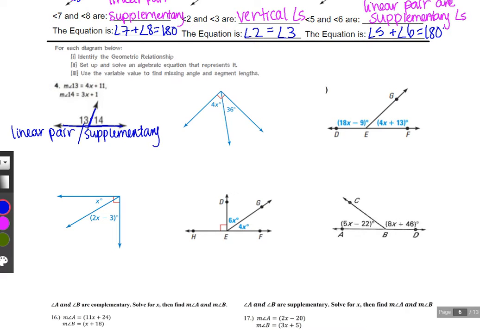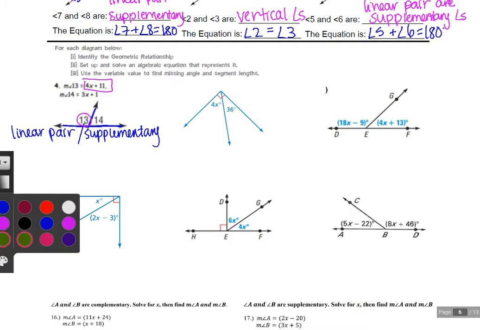Alright, so the next part would be to set up an equation that represents that. I know that these two angles, when added together, should equal 180 degrees. I know that the angle measure of angle 13 is 4x plus 11, and the measure of angle 14 is 3x plus 1.